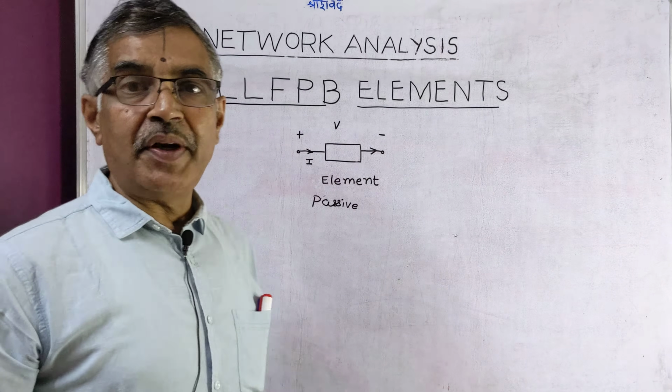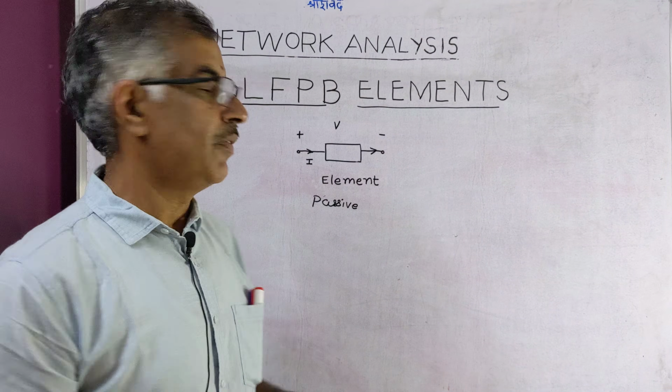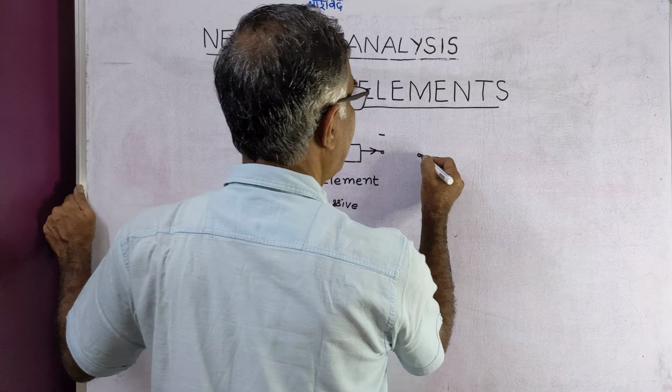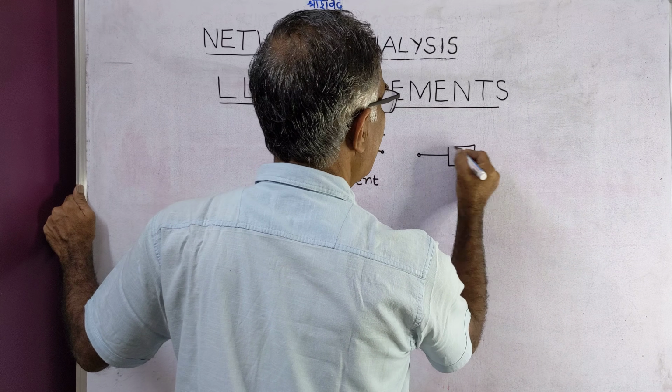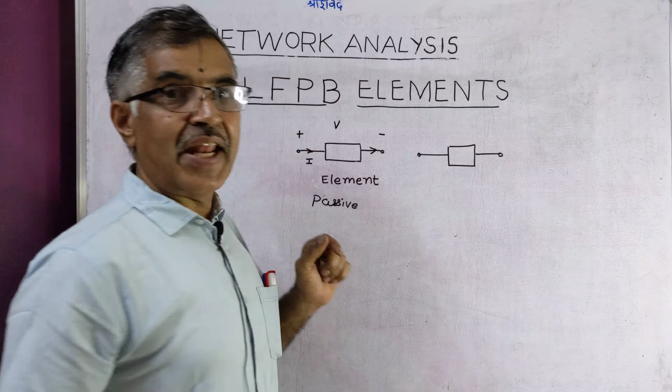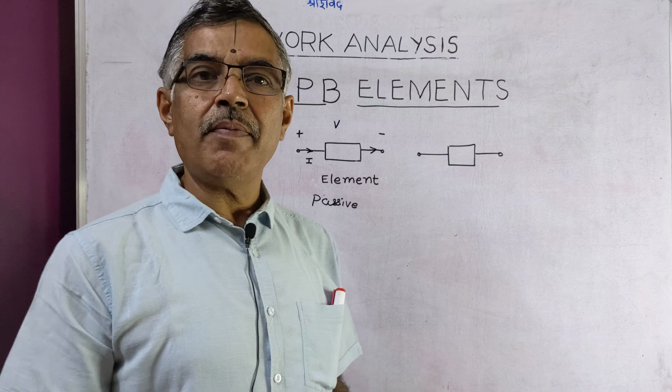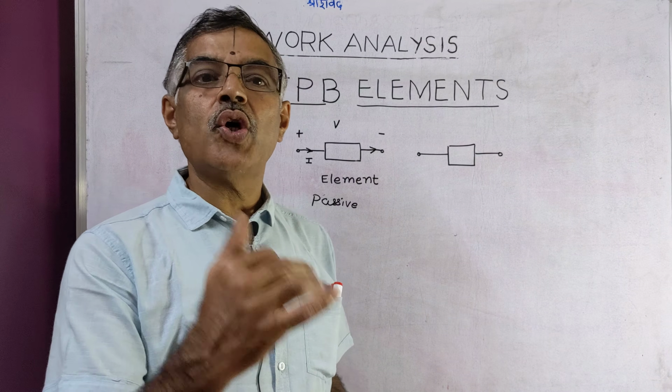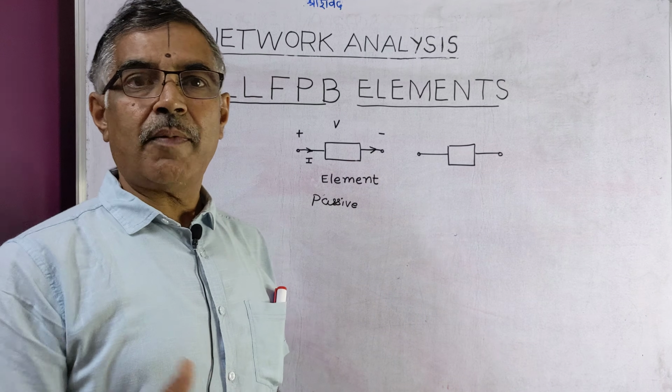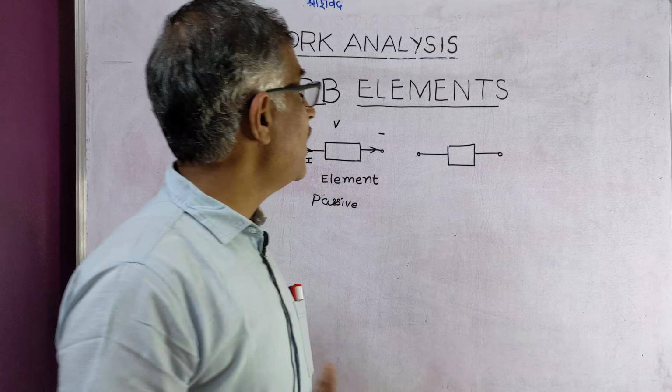Opposite to a passive element is what is known as an active element. When do you say an element is active? An active element not only supplies power but also absorbs power. So they are energy elements.